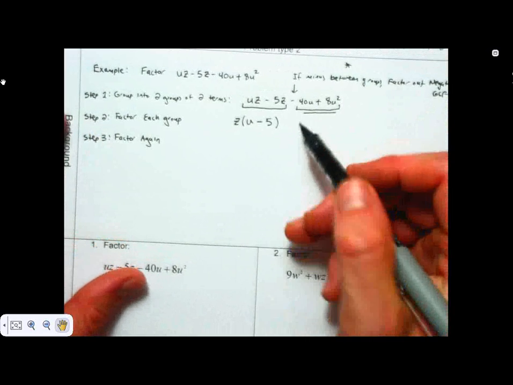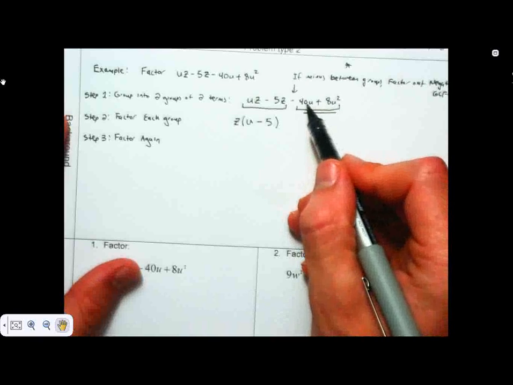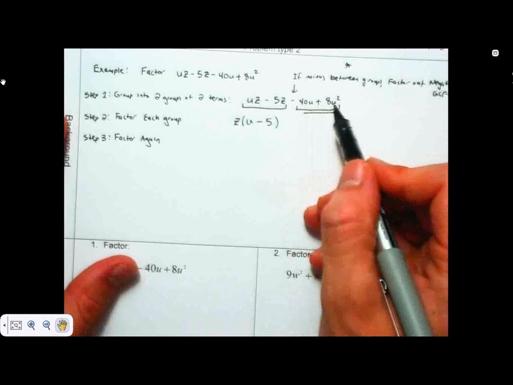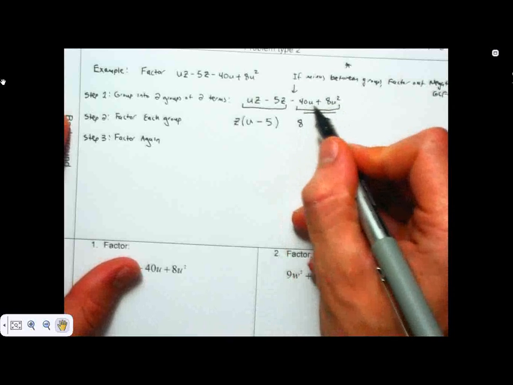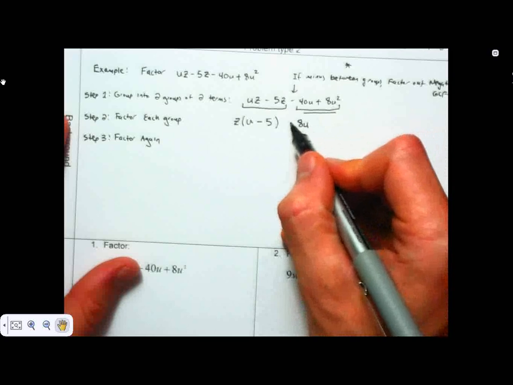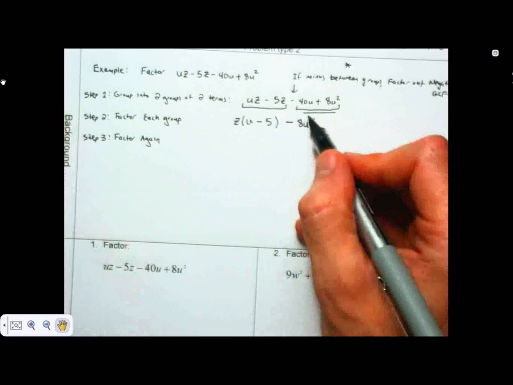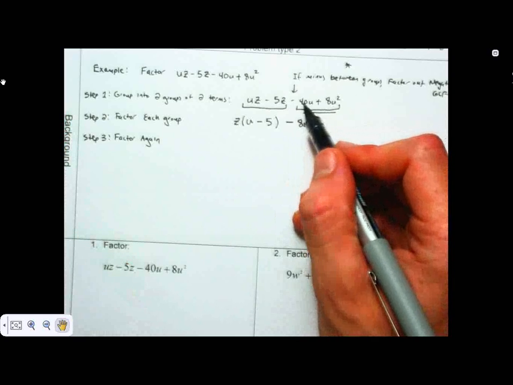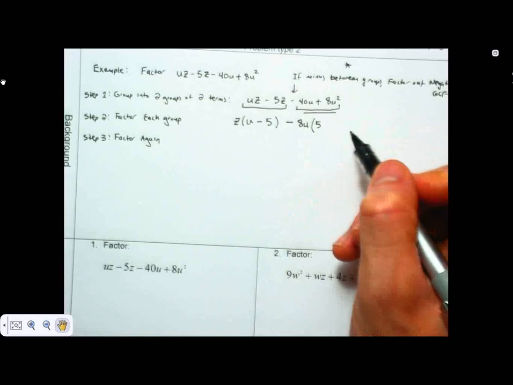So, in this case, if I look at the second group, the largest number that goes into both 40 and 8 is 8. And then they do share also a u, but I'm not going to factor out a positive 8u, I'm actually going to factor out a negative 8u. And so if I factor negative 8u from negative 40u, that leaves 5 left over.